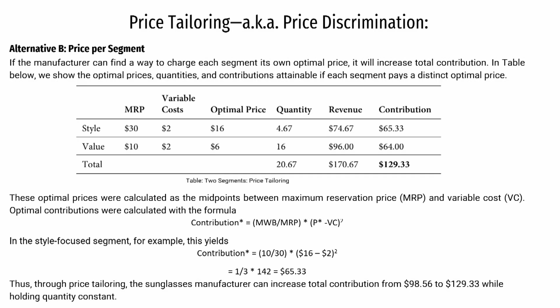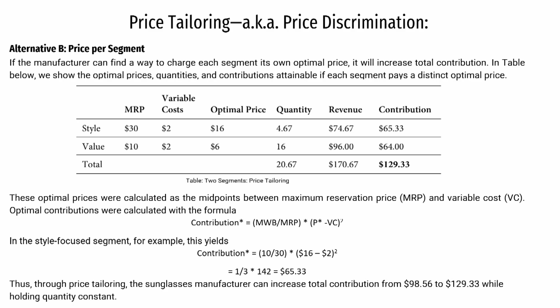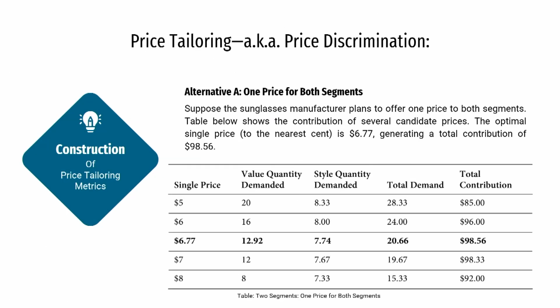So, overall contribution for both the segments is $129.33. I have sold the equal quantities, right. In one case I have sold 4.67 to one segment and 16 units to another segment. In the previous example, I sold 12.9 to one segment and 7.74 to another segment.